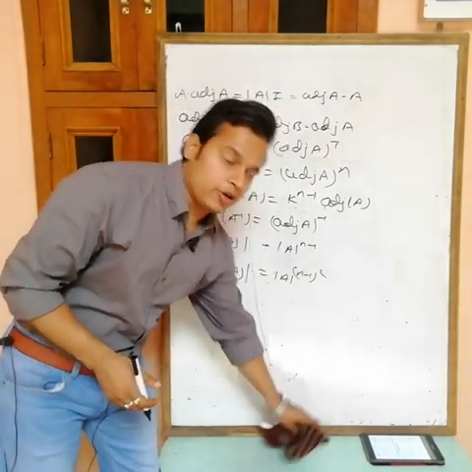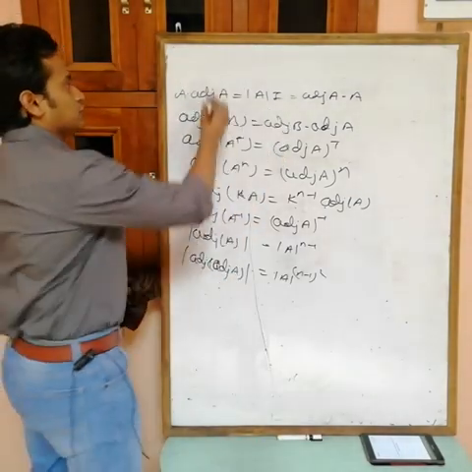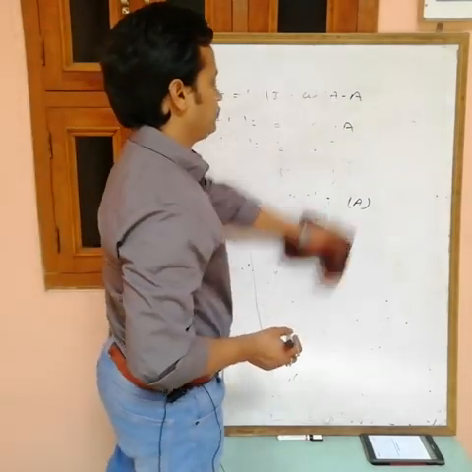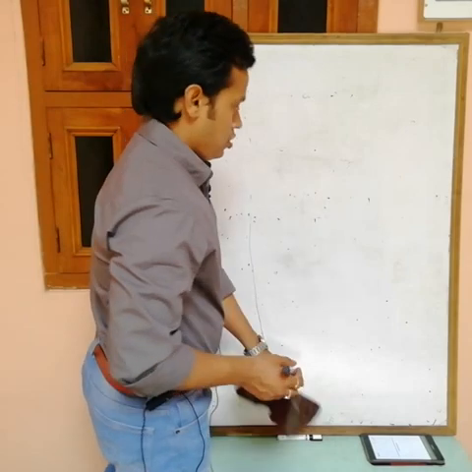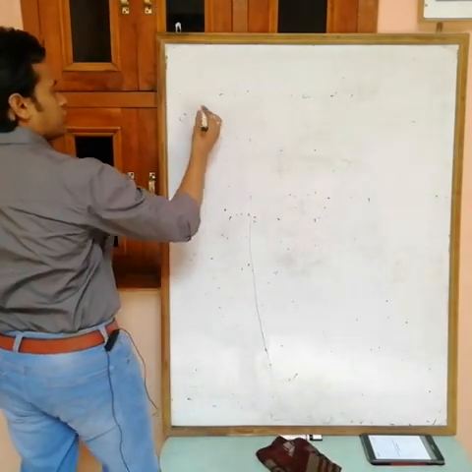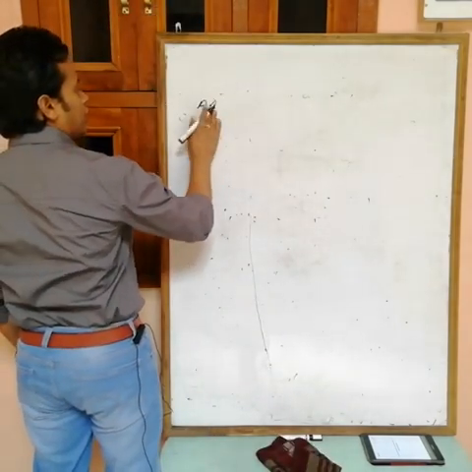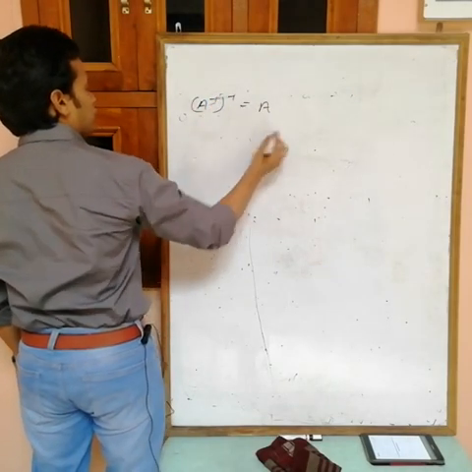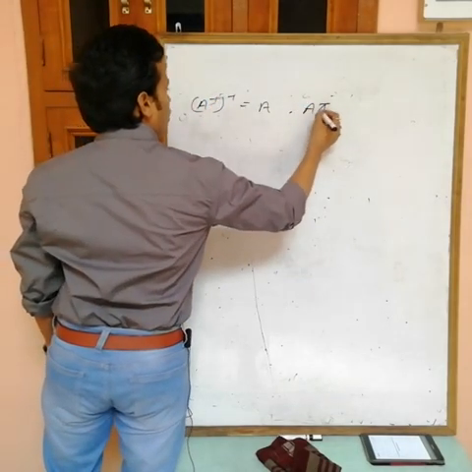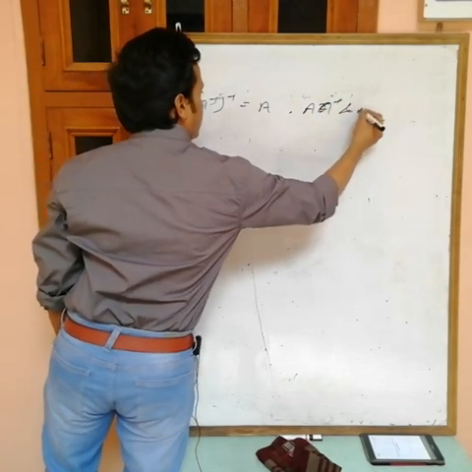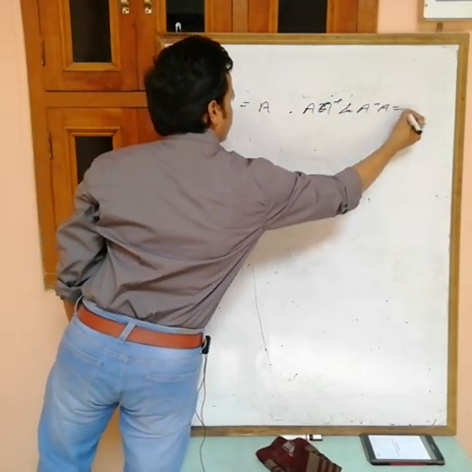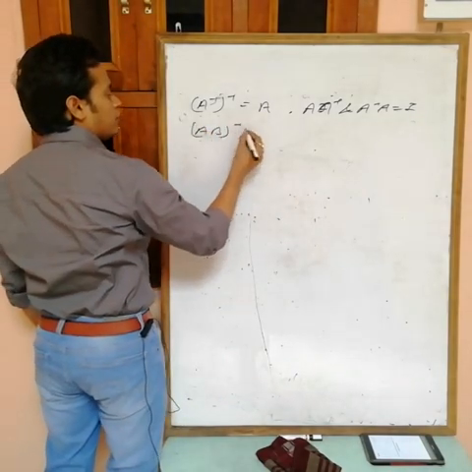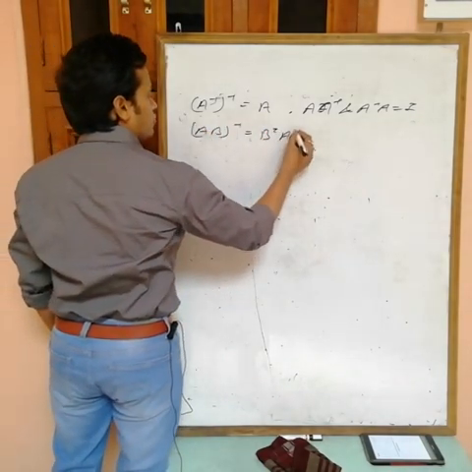And properties of inverse. Properties of inverse of a matrix are: inverse of A inverse is equal to A. A into A inverse and A inverse into A, that is always equal to I. Inverse of A into B is equal to B inverse into A inverse.